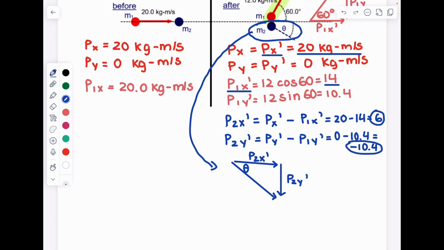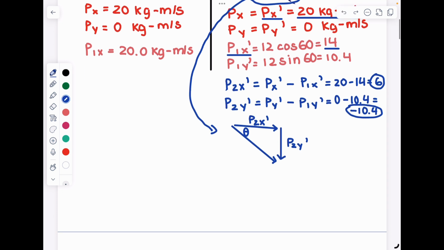So now we basically just need to figure out the number and angle of this leg right here, which we've done time and time again. So to do that, I'm going to use the 2 legs, which I now know I can label are 6 and negative 10.4. And we're going to figure out the magnitude of this.